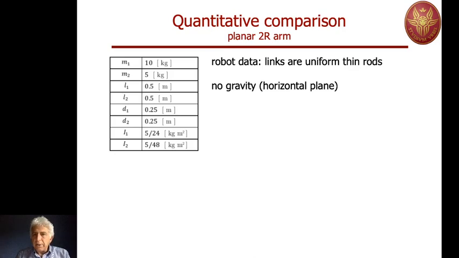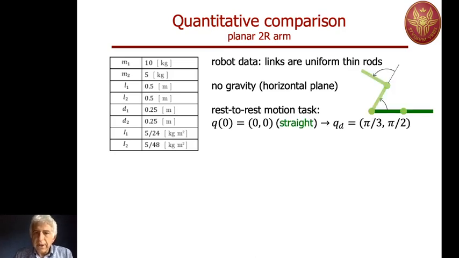So the links are uniform thin rods, no gravity, and the motion is a rest-to-rest task from the straight configuration, so 0, 0, the one in dark green, to the configuration given by pi over 3, pi over 2, which is the light blue one. So this is the motion that we require, as I said, in the horizontal plane.